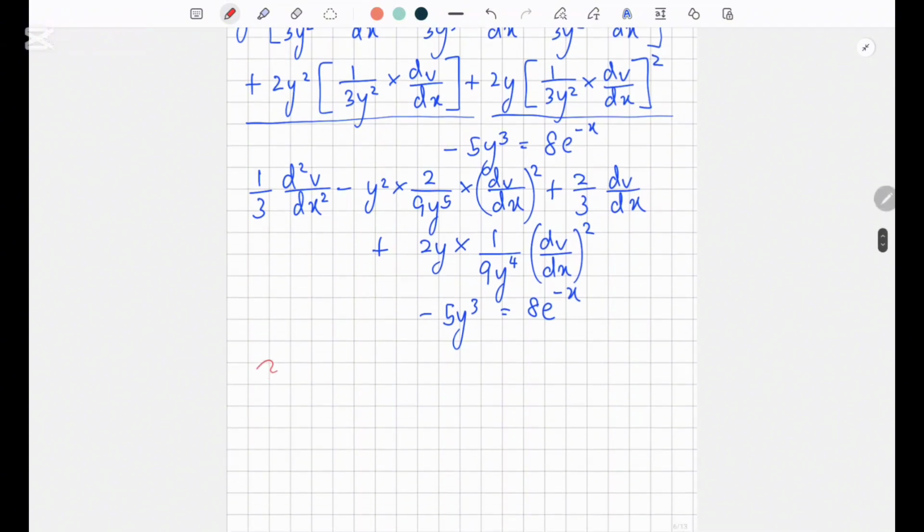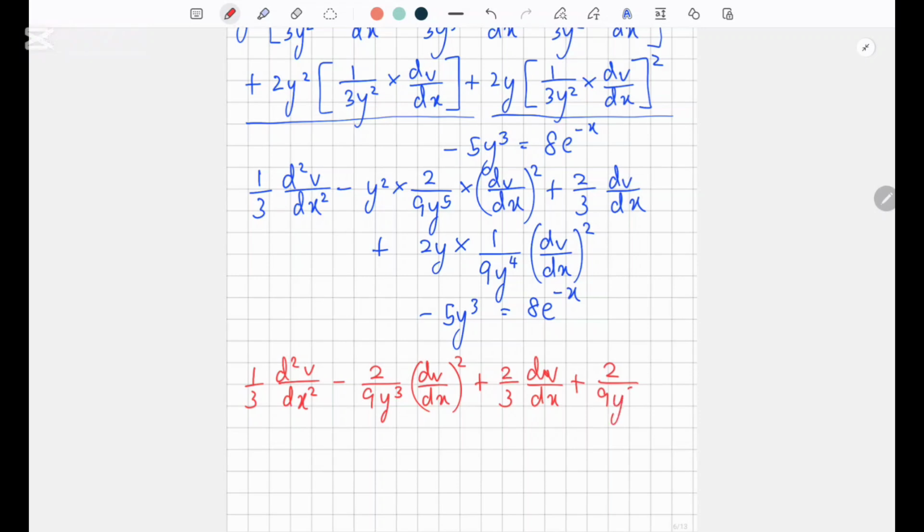So we have 1 over 3 into the second derivative of dv over dx, minus 2 over 9y to the power 3 into dv over dx squared, plus 2 over 3 dv over dx, plus 2 over 9y to the power 3 into dv over dx squared, minus 5y to the power 3 equals 8 e to the power minus x.